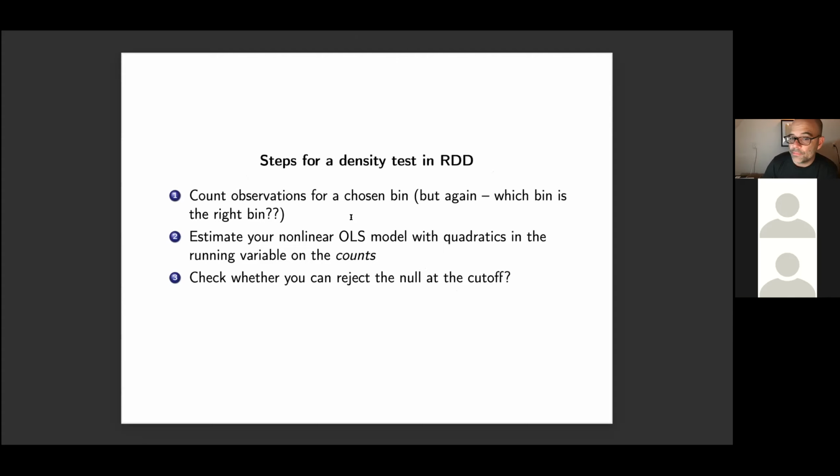So the steps: there's going to be software that does this, so let me walk you through what all of this software does. It's going to take the number of observations, so this would be the number of students. And rather than a circle representing enrollment rate, it would be a circle representing the number of students at a particular value of the running variable.